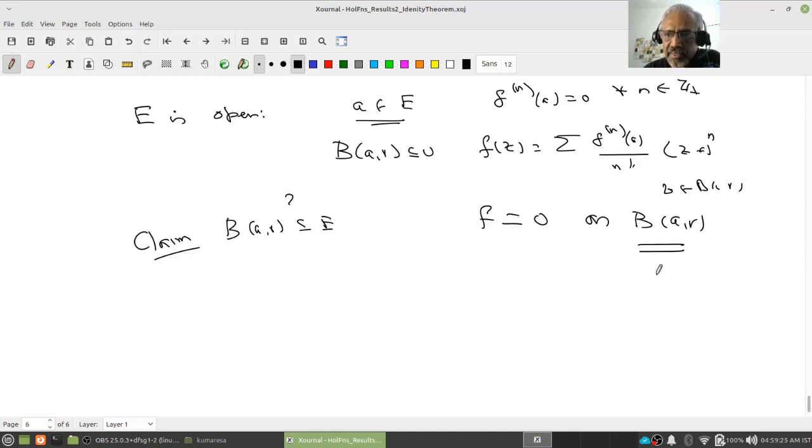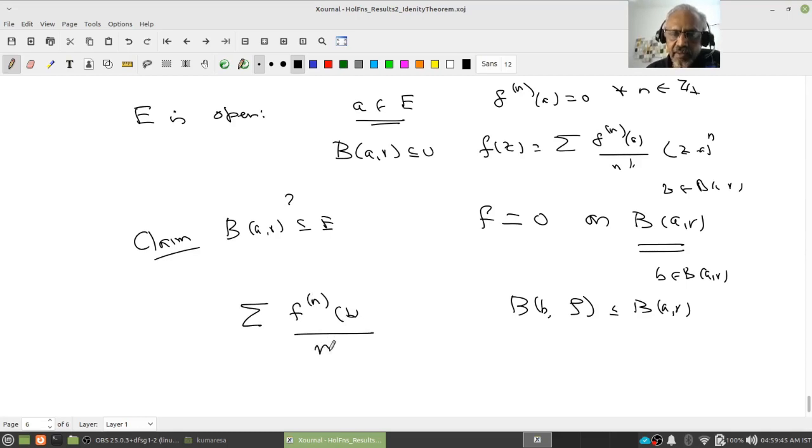Therefore, it is going to be 0, right? Now you start with any point, let me call it b, in B(a, r). Then there is some rho so that B(b, rho) is contained in B(a, r), and on that I have a power series expansion, namely the sum of f^(n)(b) by n factorial times (z - b)^n. But this is f(z) for z here. I know this f(z) is 0 because B(b, rho) is contained in B(a, r), but on B(a, r) f is 0, therefore this is 0.